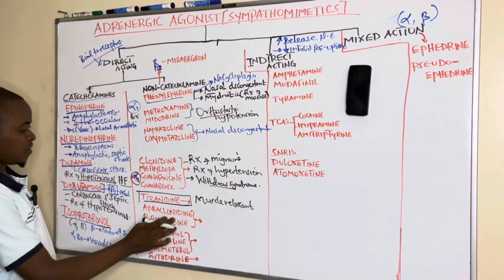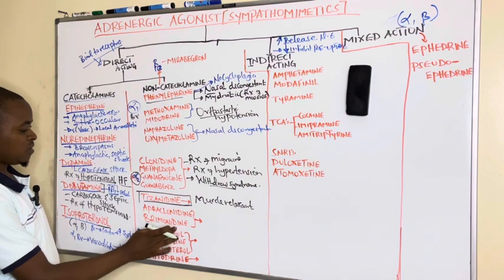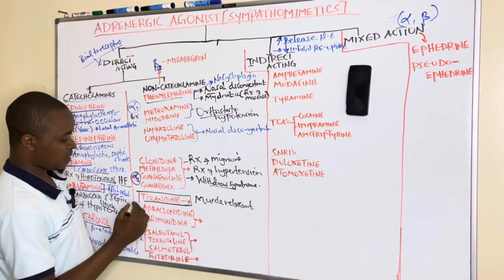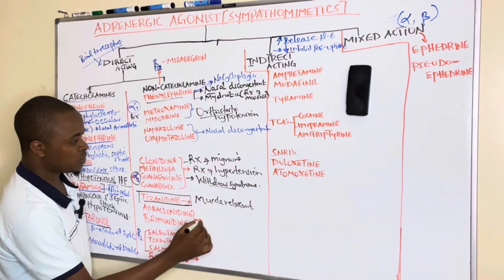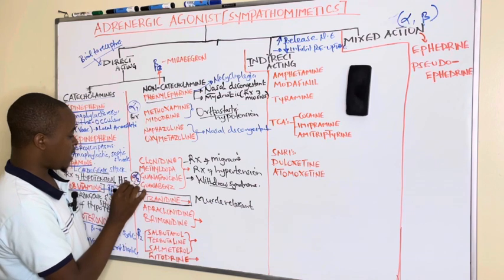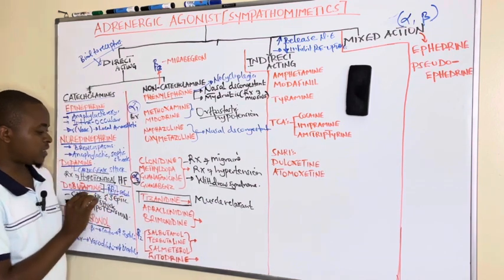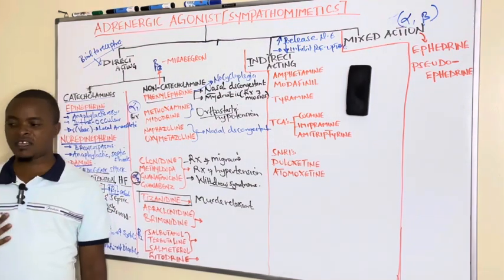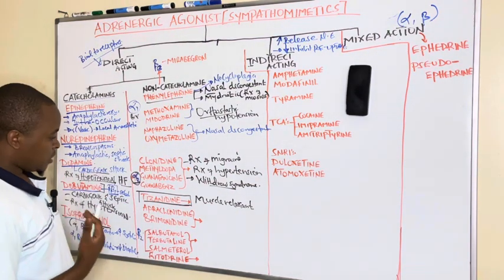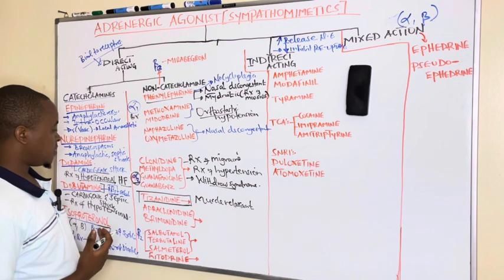Whereas clonidine, brimonidine and apraclonidine are also used as decongestants. Remember, they are acting on the alpha 2 receptors, and when they are inhibiting, they are going to cause what we call inhibition of secretions.